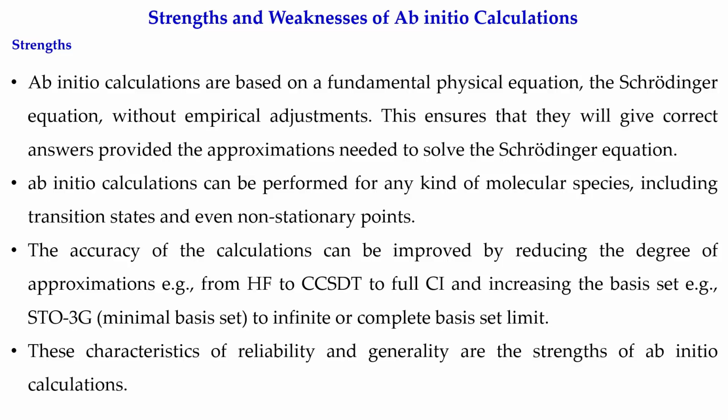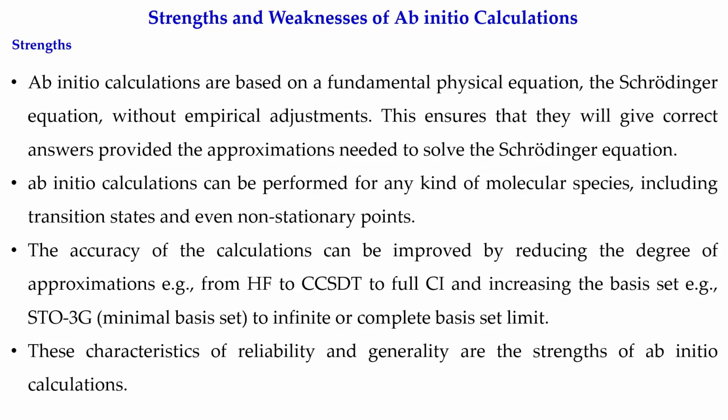Before the end of this lecture, we will discuss a little bit about the strengths and weaknesses of the ab initio calculations, which we started from Hartree-Fock, and we are going to end after incorporating so many methods for the correlations. Ab initio calculations are based on fundamental physical equations, that is the Schrodinger equation, without any type of empirical adjustments.